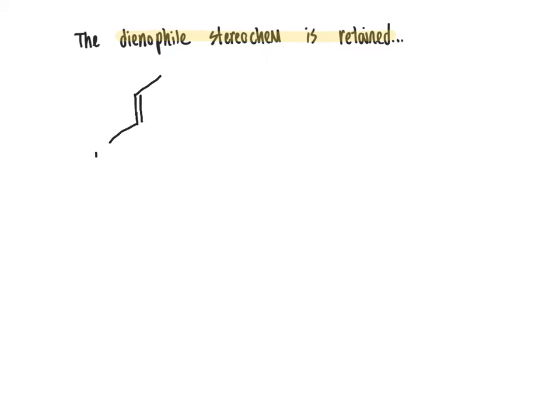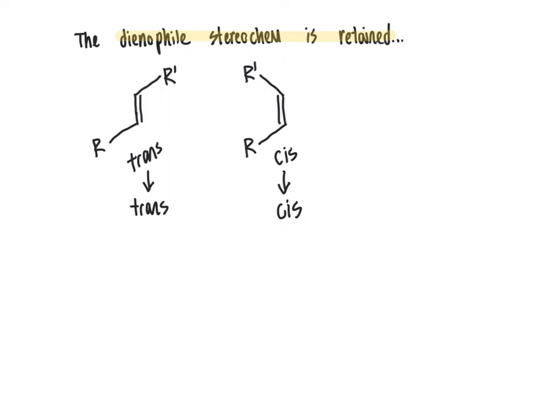And so what will be the case is that if the two R groups here and here begin as trans, your Diels Alder product will have those groups trans as well. On the other hand, if the two R groups start off as cis to one another, the stereochemistry configuration there will be retained and they will be cis in the product as well.